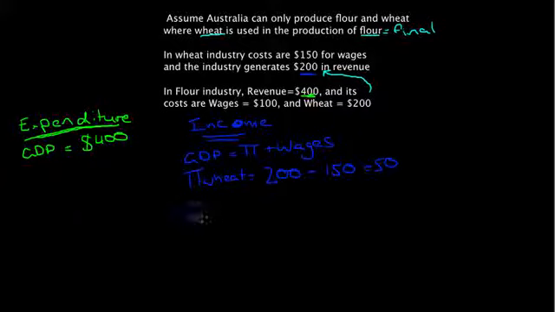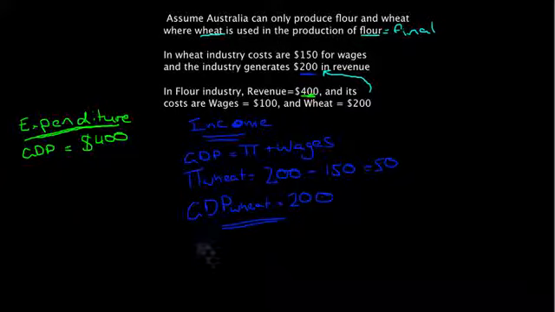So the GDP just for the wheat industry equals 200 minus 150 equals 50 plus the wages, so that's 200. Okay, so that's the GDP for wheat. Now for the flour industry, we have the profit doing the same thing, which is the revenue minus any costs. So profit for flour equals 400 minus the wage and minus the cost on wheat.